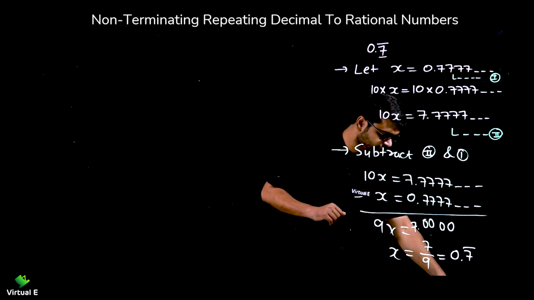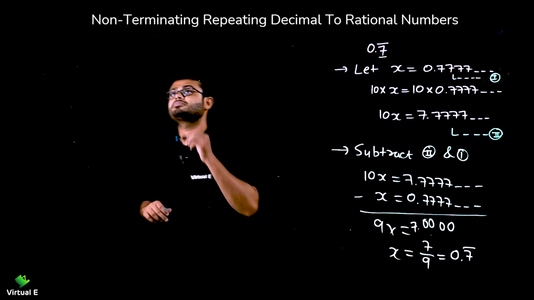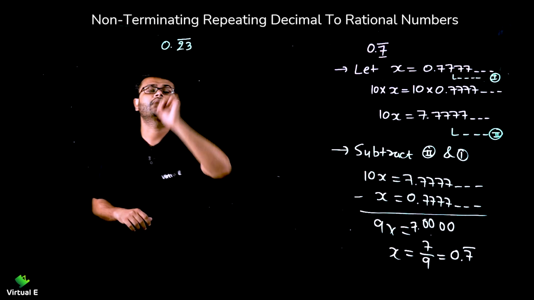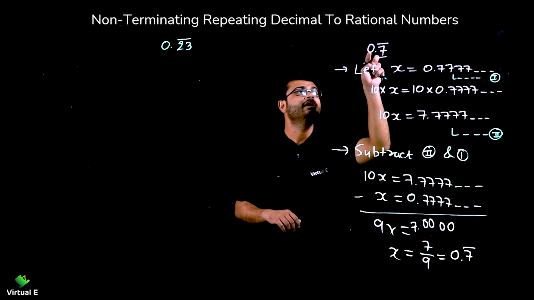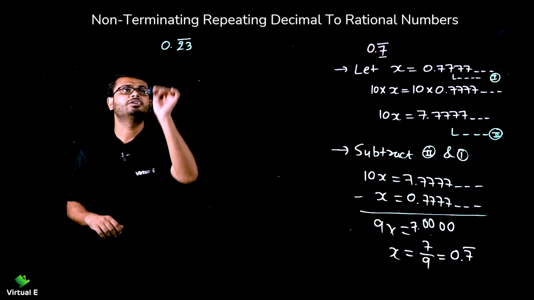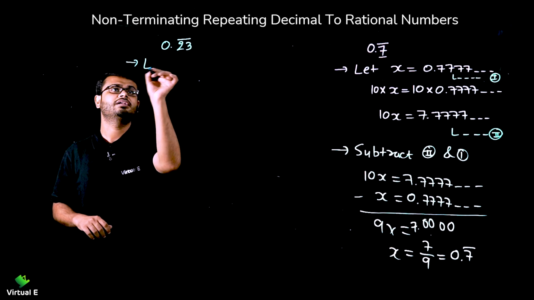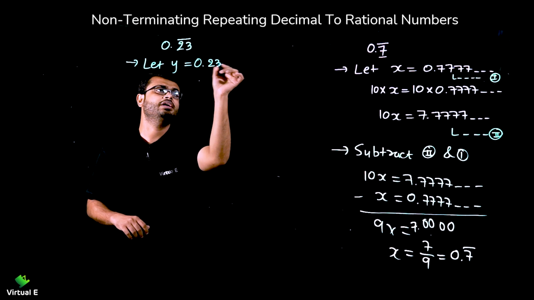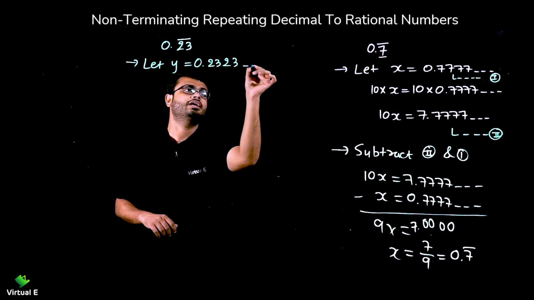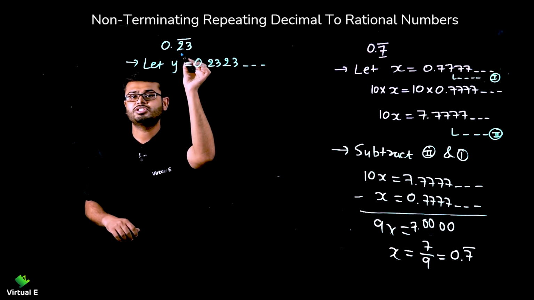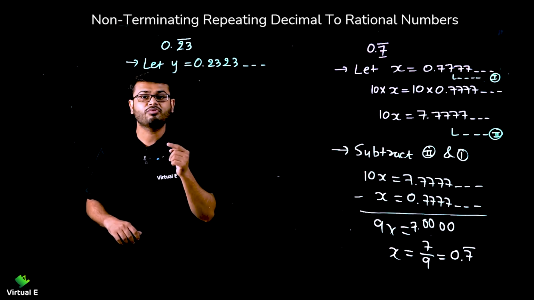Now let's discuss the second one, that is, let's take 0.23 bar. Previously we were having only one repeating number after the decimal. Here we have two. So again let's start. Let y is equal to 0.23 23... Now see, there are two digits after the point, so we are going to multiply by 100.